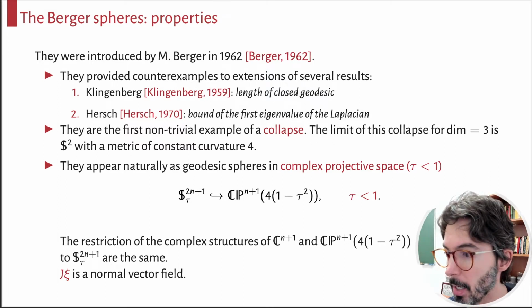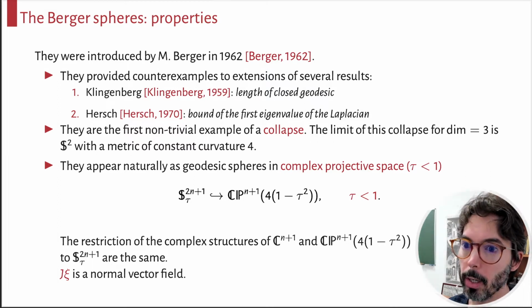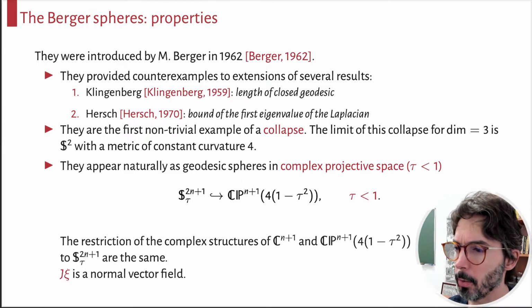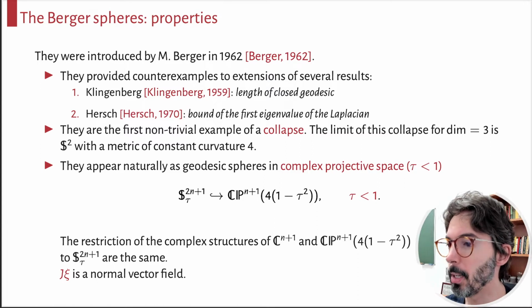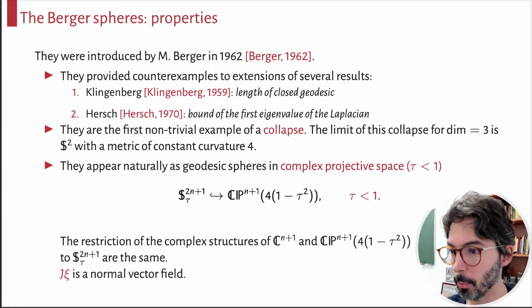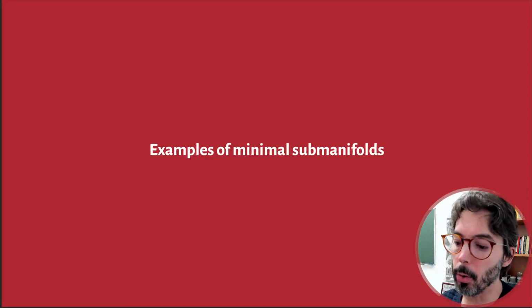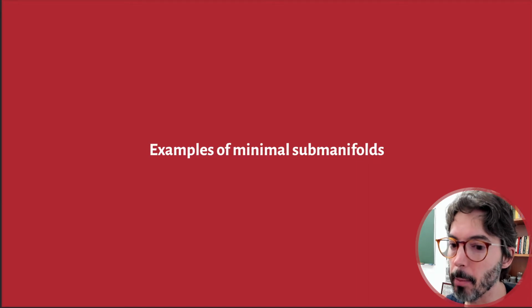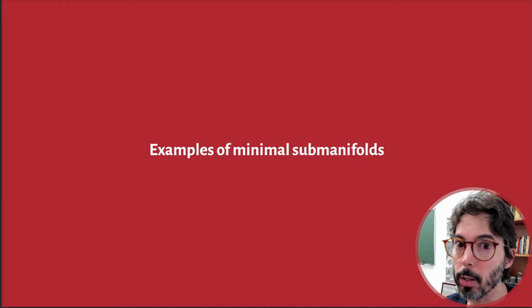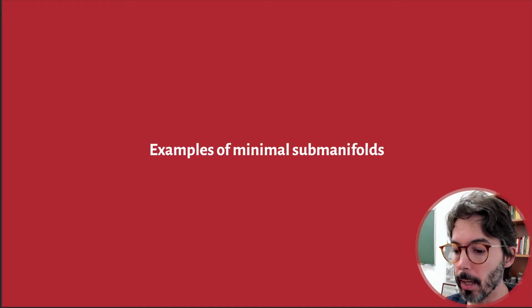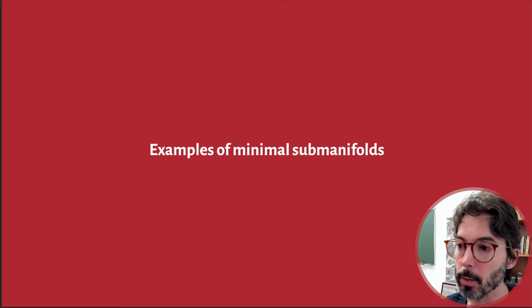So if we take its rotation with respect to the complex structure of CP^N, we actually get the normal vector field of the Berger sphere in the complex projective space. Okay, so now we have presented the manifold in which we are going to study the stable compact minimal submanifolds.